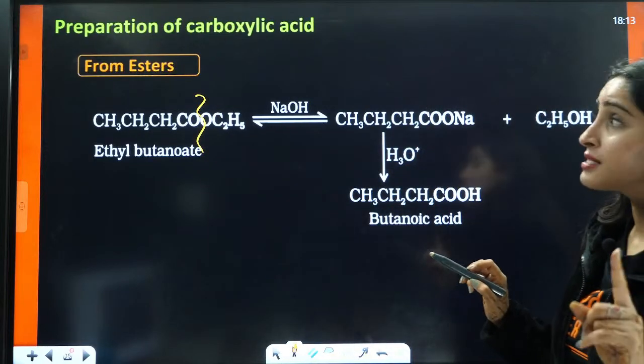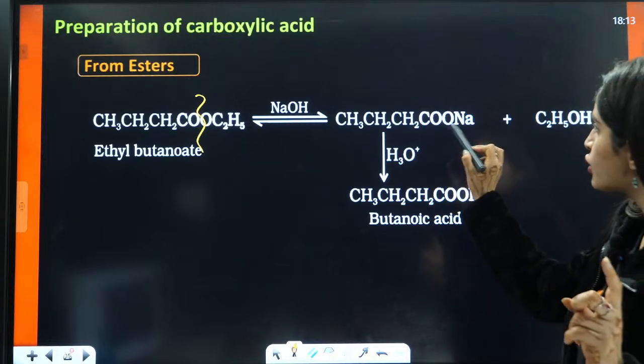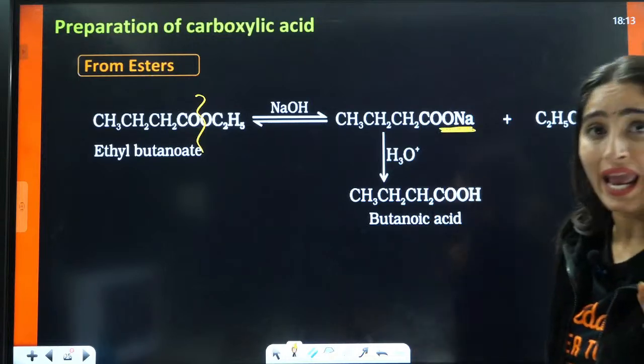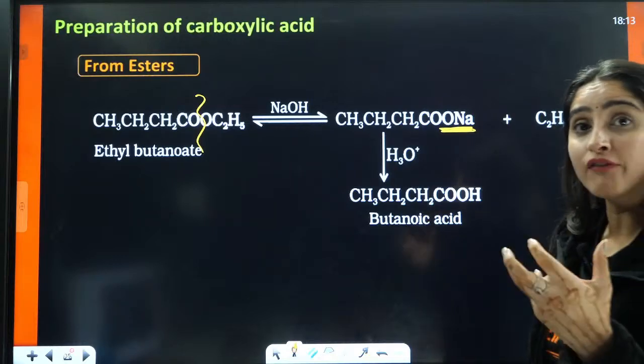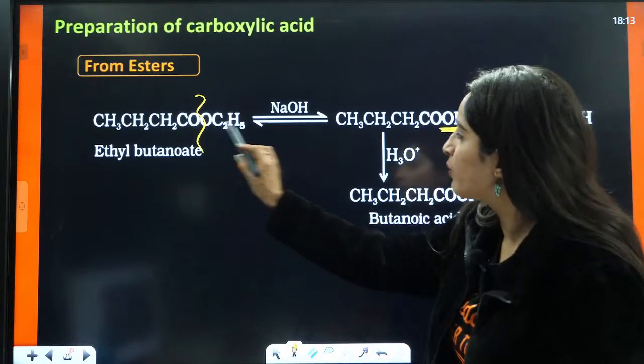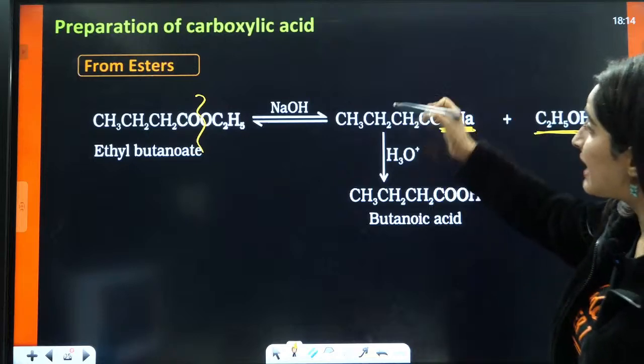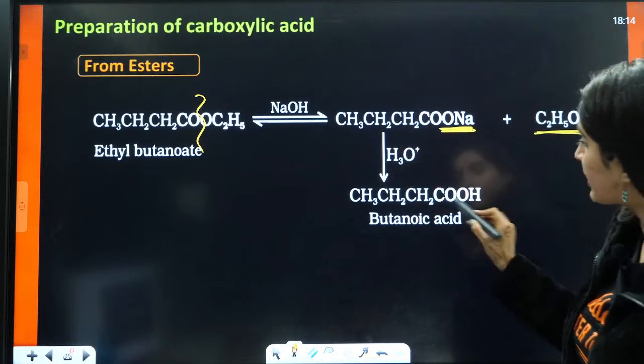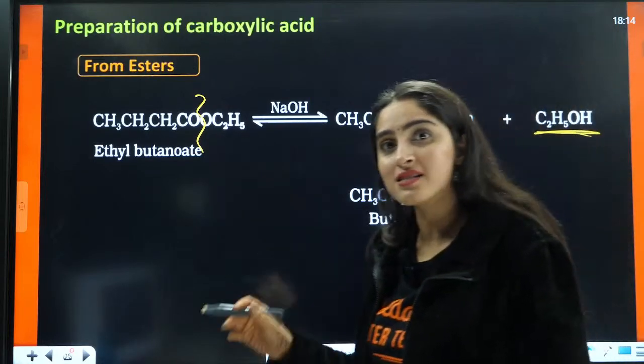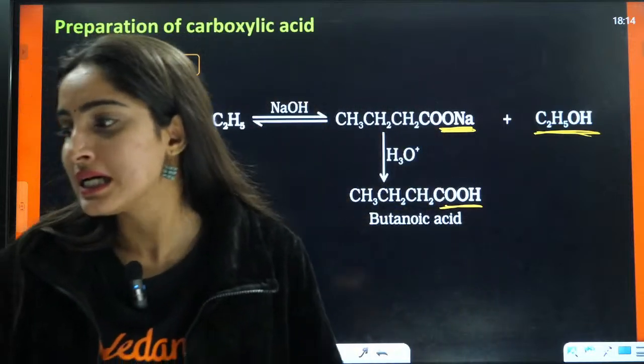Now this is basic hydrolysis, so instead of OH you will firstly have ONa here. That means you will have carboxylic salt, and here you will have alcohol, that is OH. Then you will further acidify it and it will be converted to the acid instead of acid salt.